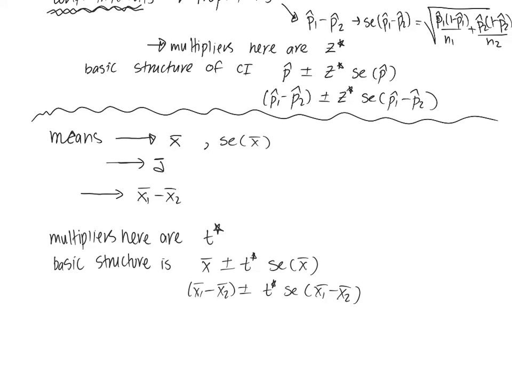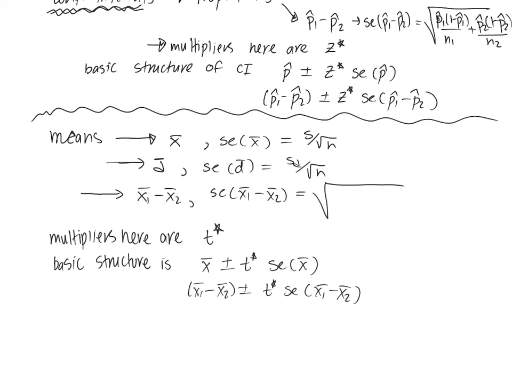How do you find the standard error of X bar? S over square root of n. How about the standard error of D bar? SD divided by square root of n. And then how about this one? We just did this: S1 squared over N1 plus S2 squared over N2.